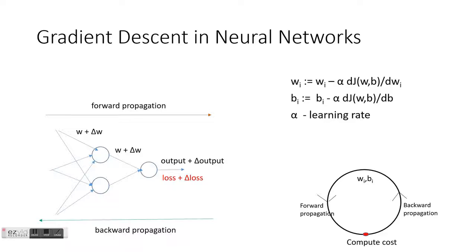Now in both parts 2 and 3 we had seen how if we change the weights in any layer by an amount delta W, then the output also changes by a small amount delta output, and this also results in the corresponding change in the error or the loss. So if the loss was just loss before the change in the weight, then a change by delta W in the weight would result in a change in delta loss.